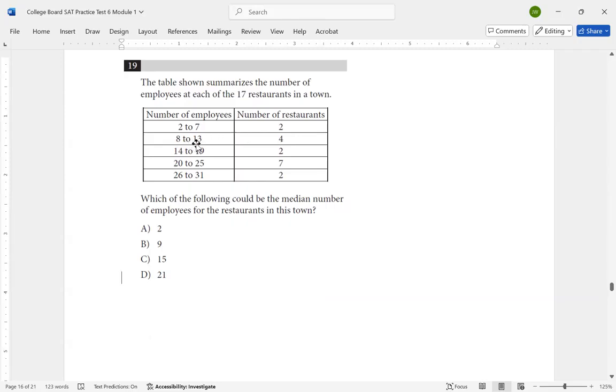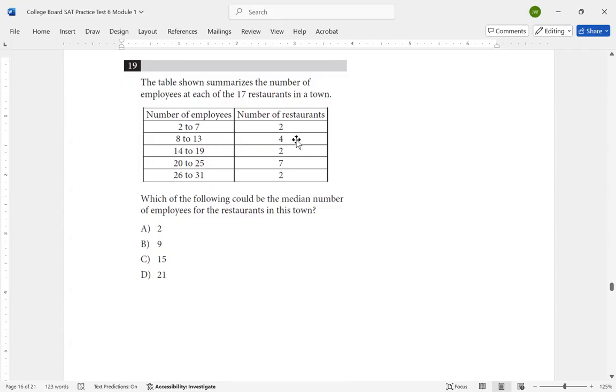There are between 8 and 13 employees at 4 restaurants. There are between 14 and 19 employees at 2 restaurants, between 20 and 25 employees at 7 restaurants, and between 26 and 31 employees at 2 restaurants. Which of the following could be the median number of employees for the restaurants in this town?